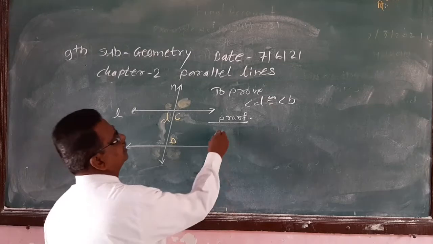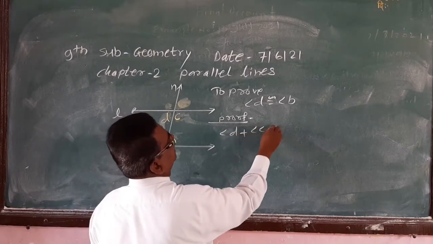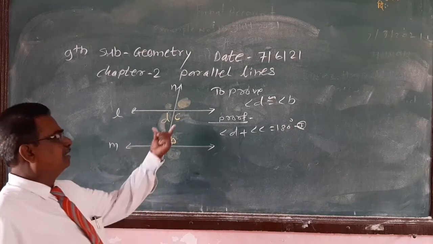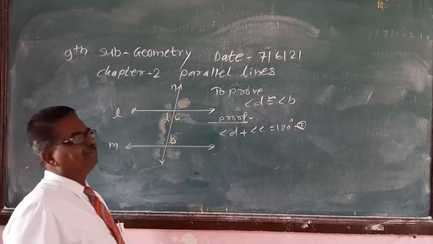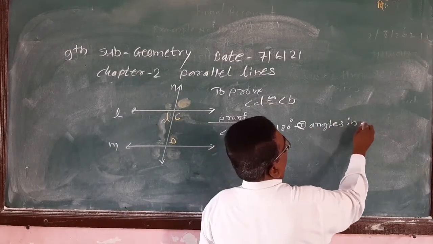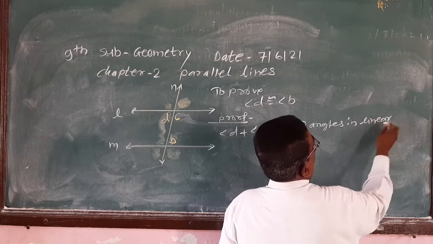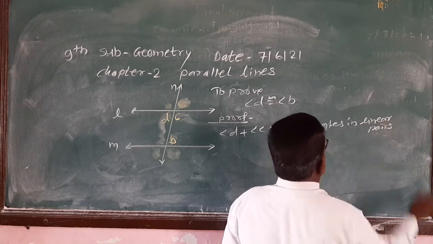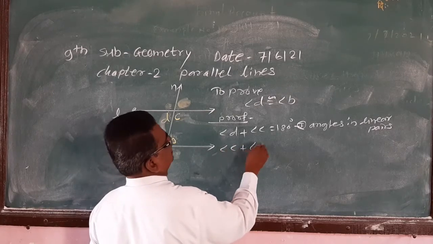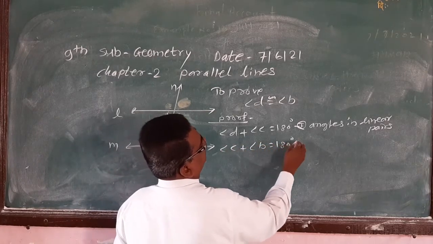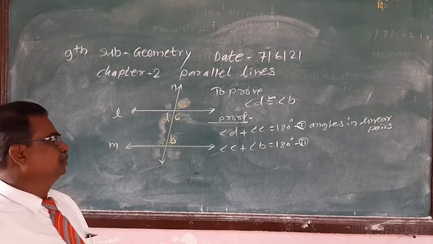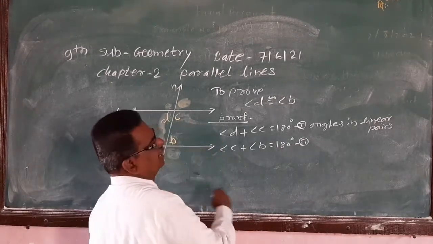Prove. Angle D plus angle C is equal to 180 degrees. Statement number 1. Because the angles are in a linear pair. Then angle C plus angle B is equal to 180 degrees. Statement number 2. These are interior angles.